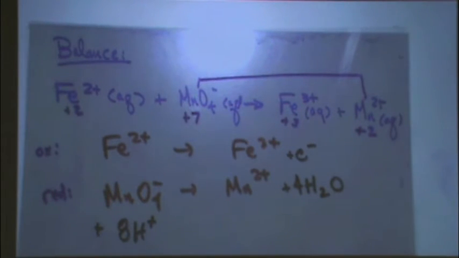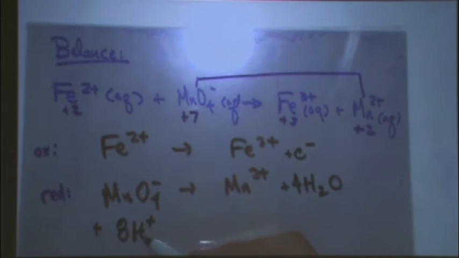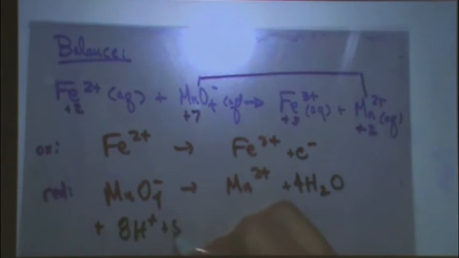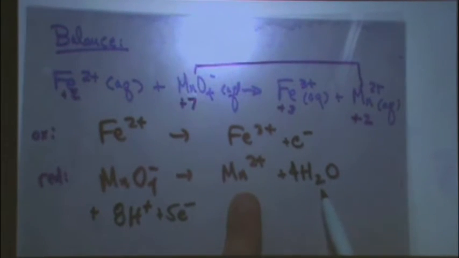What's the overall charge on the left-hand side? Plus what? Yeah, +7. There's 8 H pluses and 1 minus. So +7. So I'm going to add electrons. First of all, which side do the electrons go, right or left? Left, and how many? 5. Let's make sure that's correct. Okay, so that was 7 minus 5, that leaves +2, and that equals the +2 on the other side, so that's good.